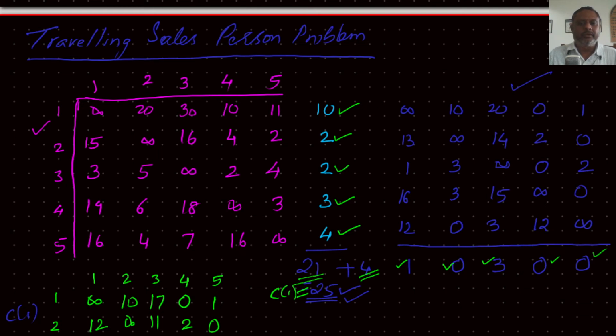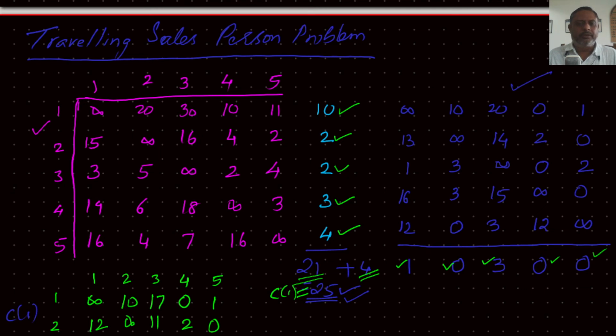So we look at 1, 4, 2, 3. So first row, fourth column, fourth row, second column, second row, third column, all are made infinite. Then 3 to 1 is also made infinite. Then other things are copied. So we are left with a few values.